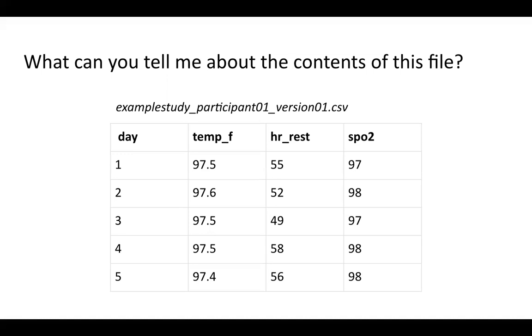Changing the variable names into something more descriptive and meaningful provides a lot more information about what's in our data set. We can now infer that the data contains information about temperature, resting heart rate, and oxygen saturation collected over the course of 5 days. See how the variable names are more descriptive, they don't have spaces, but they are still short. However, to fully understand, replicate, and build upon this work, we still need some additional documentation.